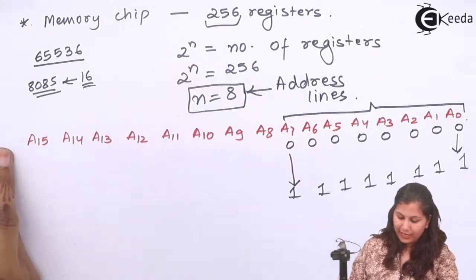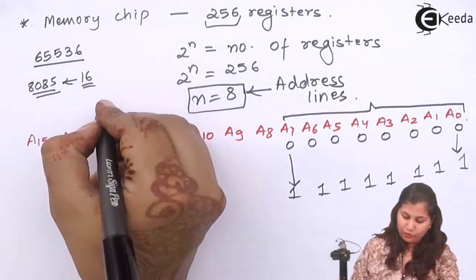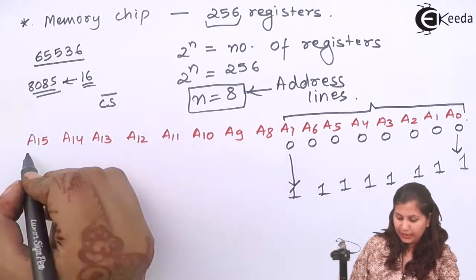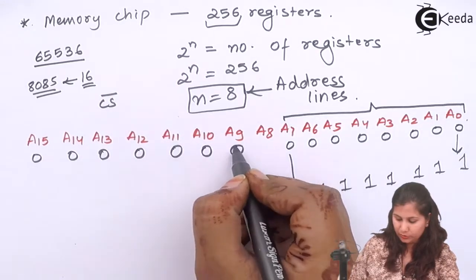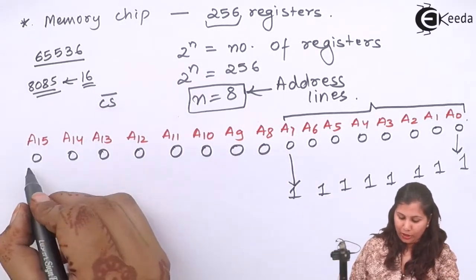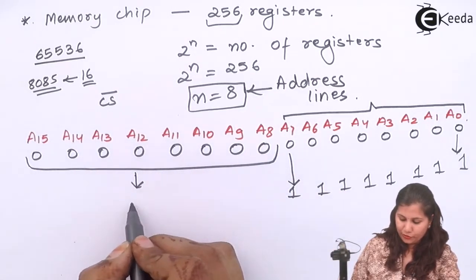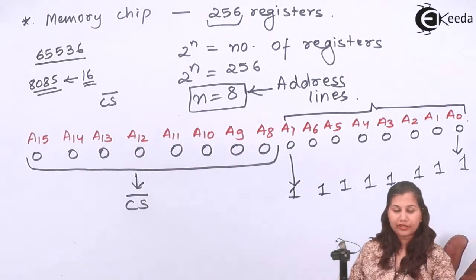Now the rest of the lines are used to form the chip select signal. The chip select signal is an active low signal, so all these lines will have the value 0, 0, 0, 0, 0, 0, 0. So they can be used to form the chip select signal. Now what is the address range?